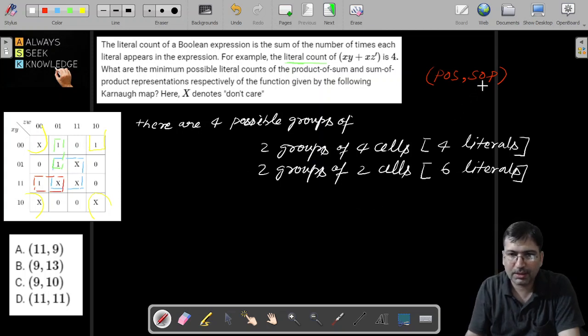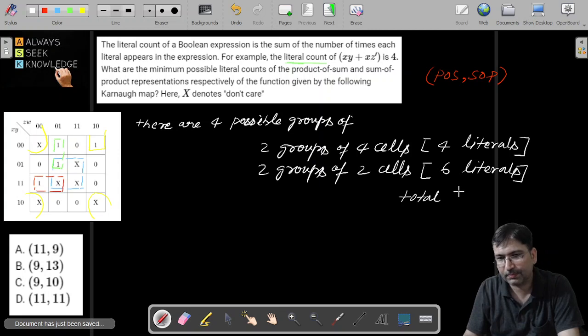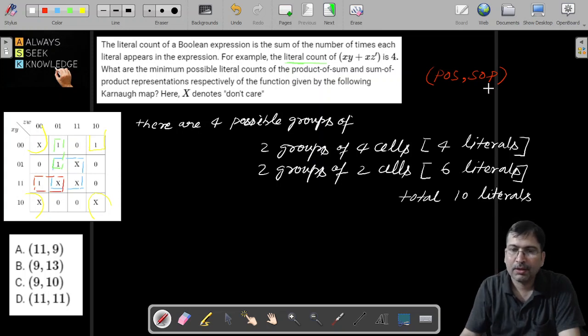So in SOP form we are going to get a total of 10 literals, right? So in SOP we are going to get 10 literals. In that way, this is wrong, this is wrong, this is wrong. Only C will be the right answer because options are like that.